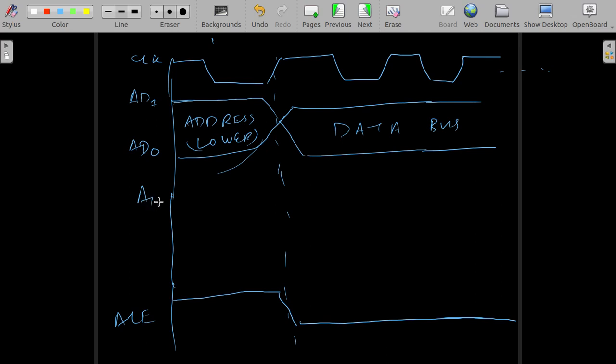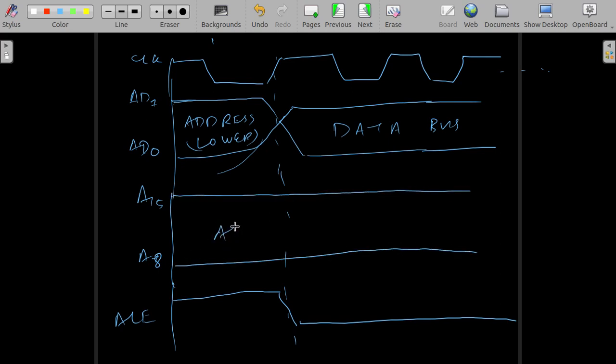So how will A8 to A15 change during all this? It doesn't change. It is always the higher address bus. This is how our pins AD0 to AD7, A8 to A15 and ALE change with respect to the clock.